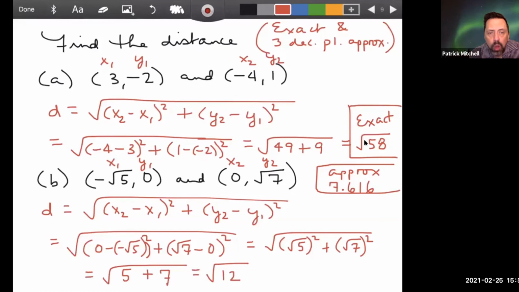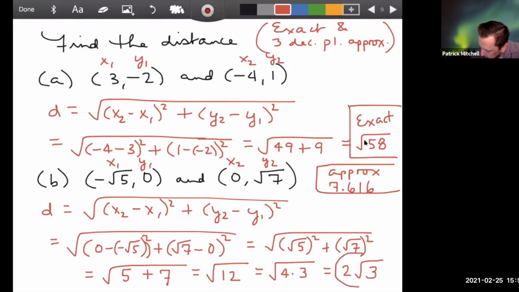The square root of 12 can be simplified because it does have a perfect square factor 4. So you write that as 4 times 3, and your exact distance would be 2 times the square root of 3. So this time I skip the step where I write the square root of 4 times the square root of 3.